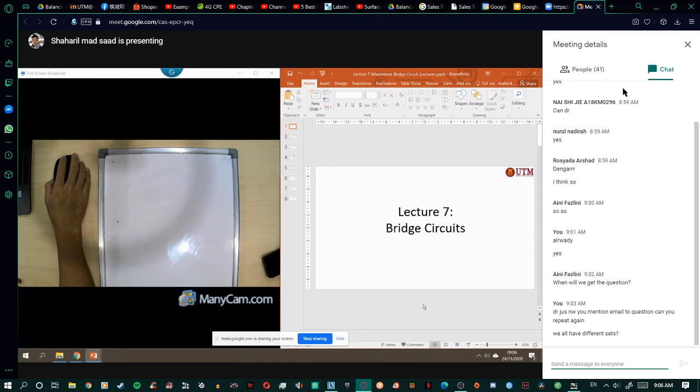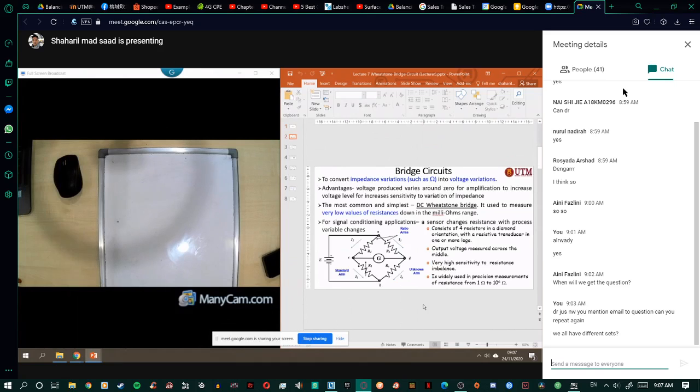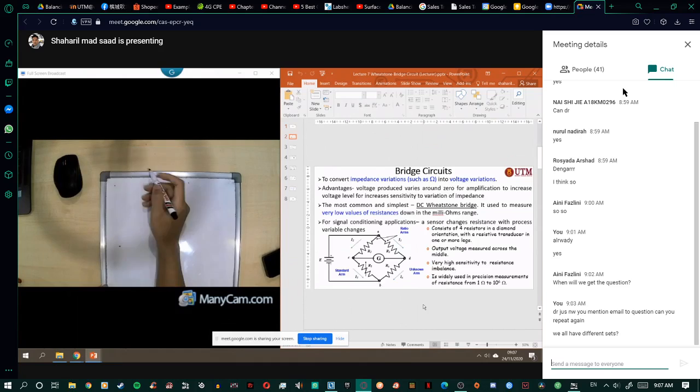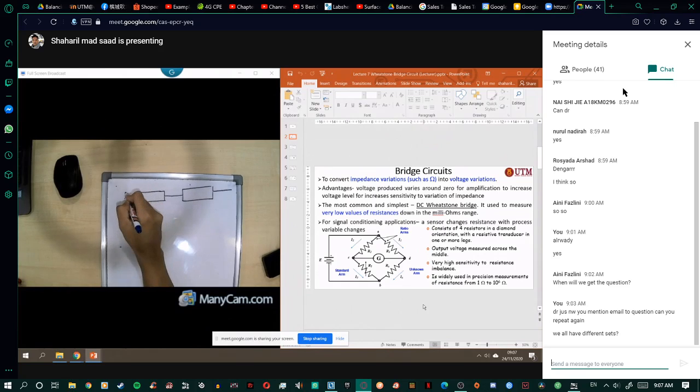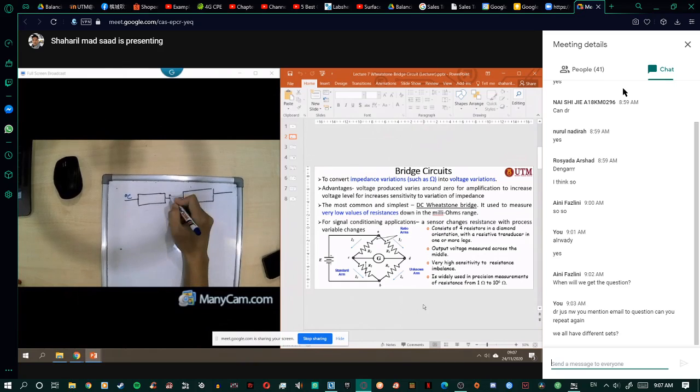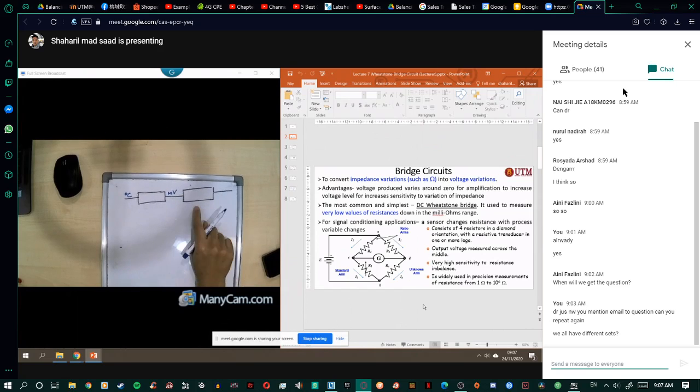So what is the use of the bridge circuit? Before this, we have learned about the amplifier. Now let's say, for example, this is your transducer. You have the degree and your transducer converts it into millivolts, and then you have your amplifier to amplify it in terms of voltage.